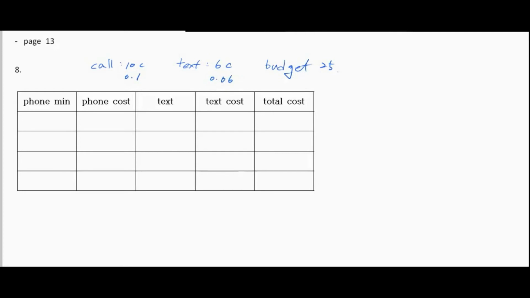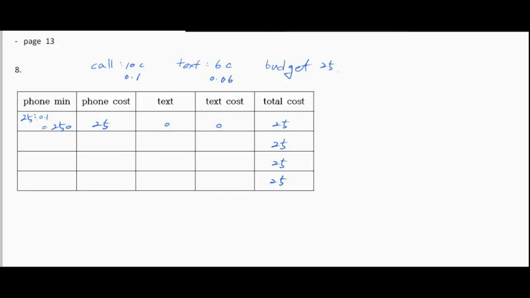So she should distribute those $25 between the phone and text. So the total cost will be only $25. And when she only does phone calls, the cost will be $25, and 25 divided by 0.1 will be 250. And both will be 0 and 0.